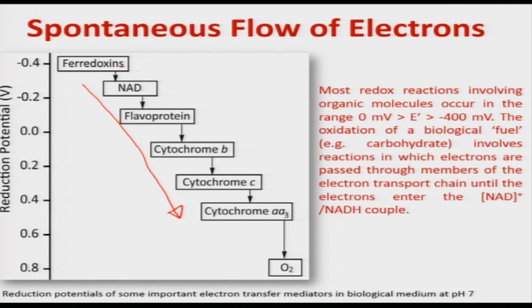Cytochrome C gives the electron to cytochrome aa3, and cytochrome aa3 transfers the electron to dioxygen. It is the terminal enzyme where this 4 electron reduction of dioxygen is happening, and it releases a huge amount of energy.